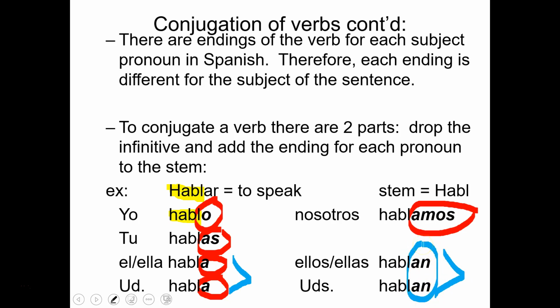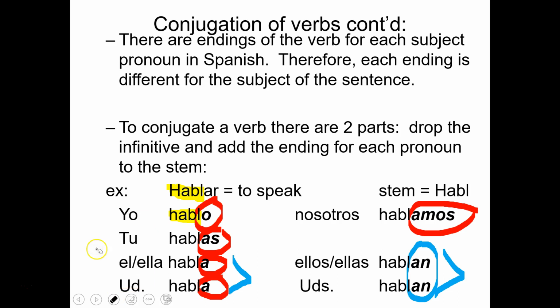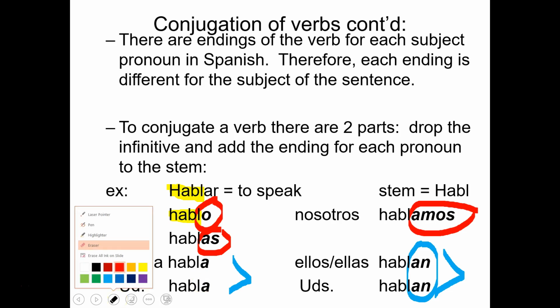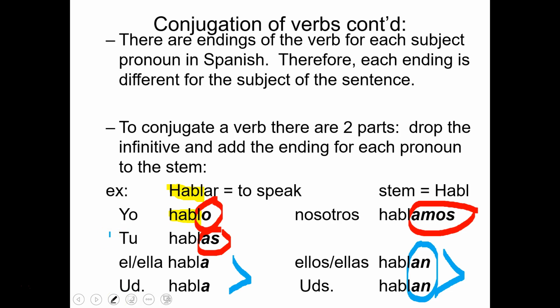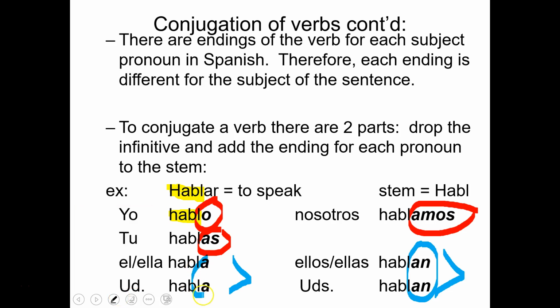It's because when you conjugate the verbs, we have some conjugations that may be the same ones, but it doesn't happen very often. So the only thing that you have to do is to learn all the conjugations. So once again, o, as, a, amos, an.